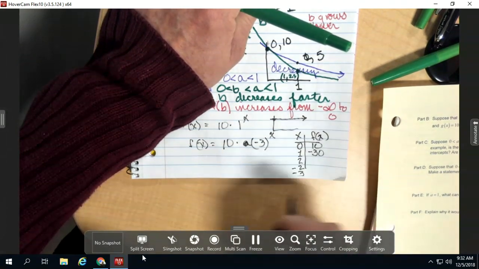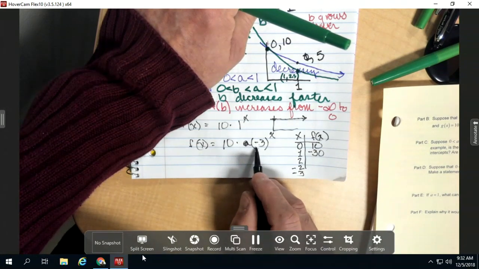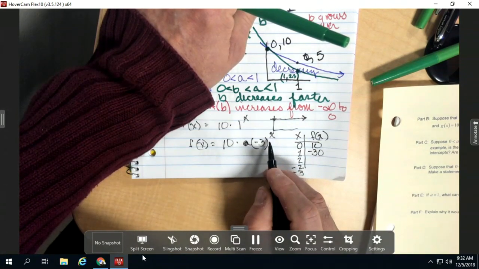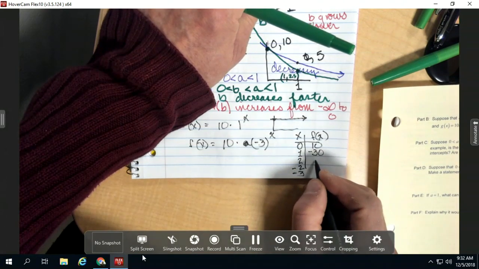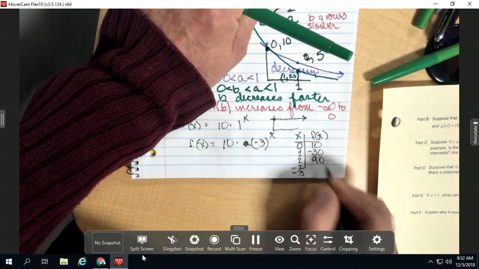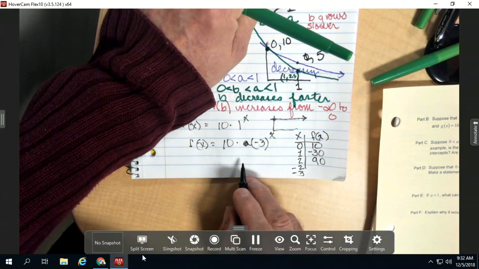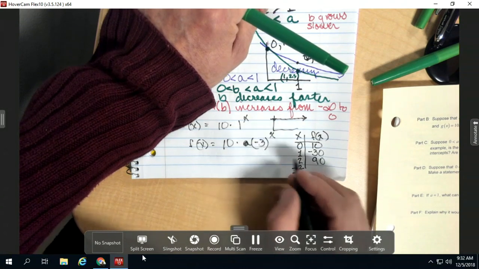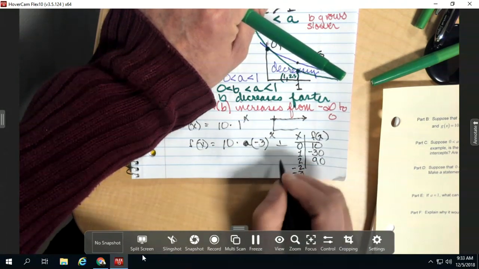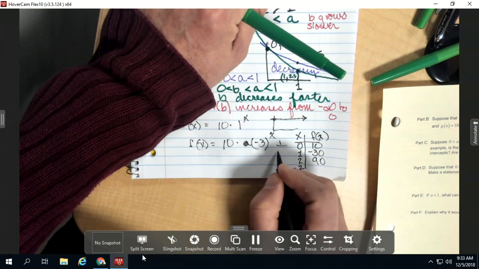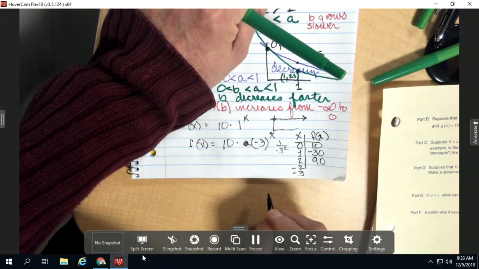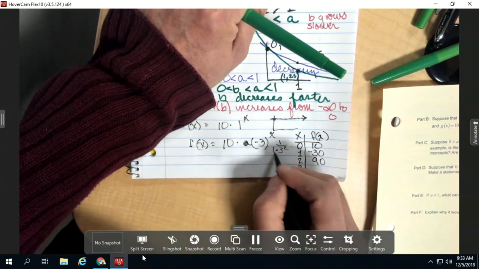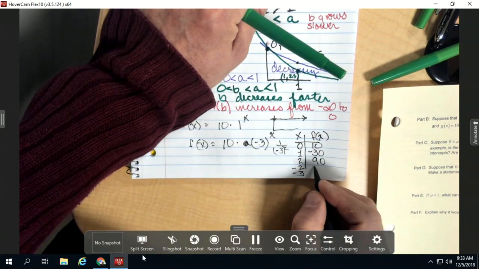Negative 3 squared is positive 9, which will be 90. Negative 3 to the negative 2 is the same as 1 over negative 3 squared. Negative 3 squared is 9. So it'd be 10 over 9.